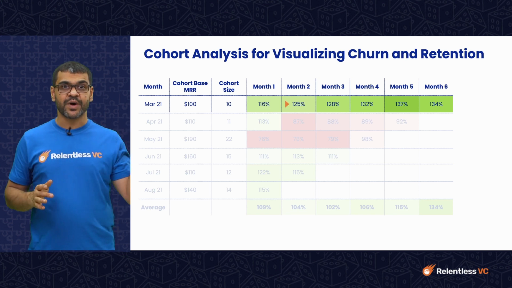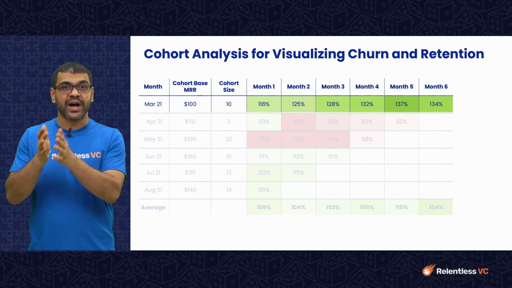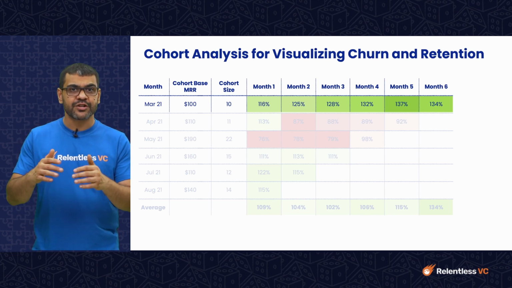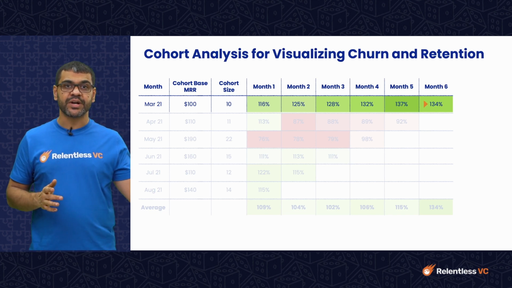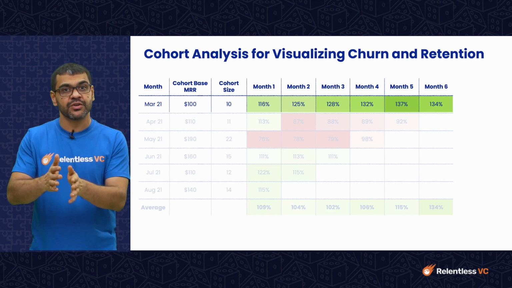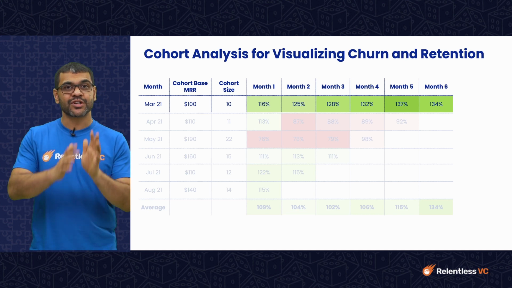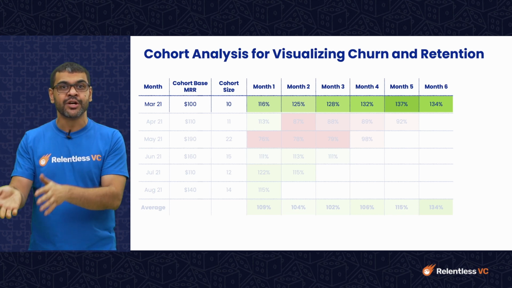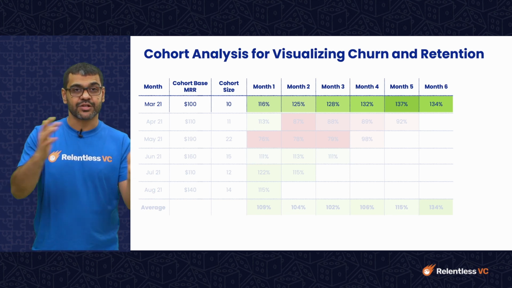Again, in the next month, May 21, this cohort contributed $125 to the MRR, and so on until the 6th month of measurement, August 21, when this cohort of 10 customers contributed $134 to MRR. This cohort analysis captures all the effects of churn, contraction, expansion, as well as resurrection in this cohort.